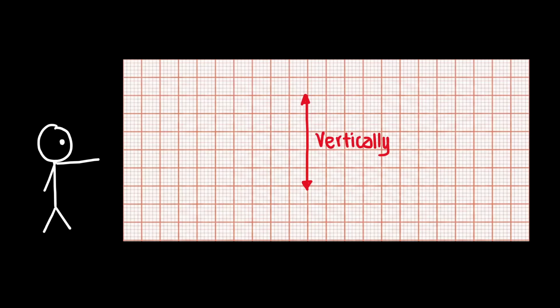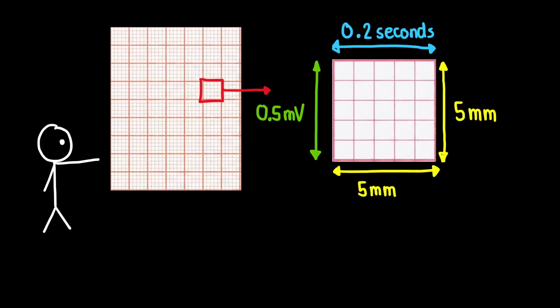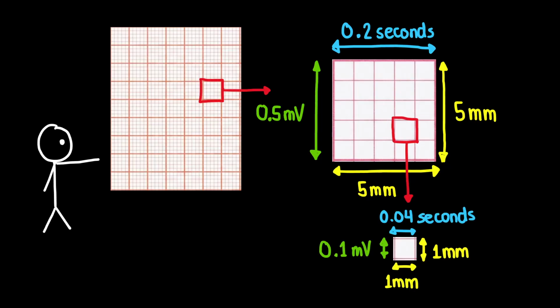Now let's read the other direction, vertically. The stylus moves up and down based on the voltage the electrode detects, and the paper records exactly how far it moved. The calibration is simple. One large square vertically equals 0.5 millivolts, and one small square vertically equals 0.1 millivolts.